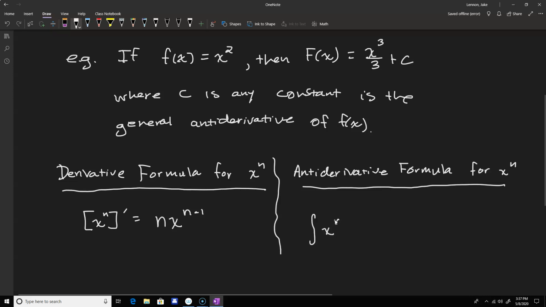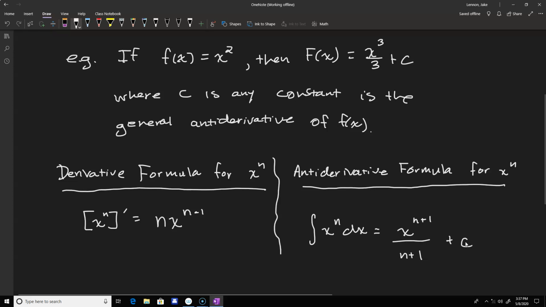That means find the general antiderivative, and then we put a dx next to it, representing the differential, which is applying the limit to the width of all those rectangles when we're thinking about doing the Riemann sums. But what is this formula? Well, we take the x, we add 1 to the exponent, and then we divide the entire quantity by that new exponent, n plus 1, and then we add c to it, and that is the general antiderivative.